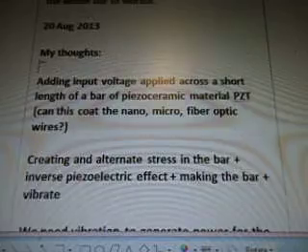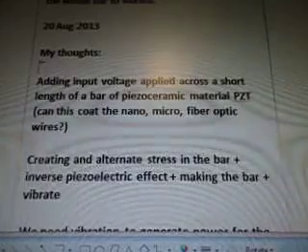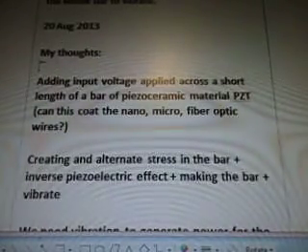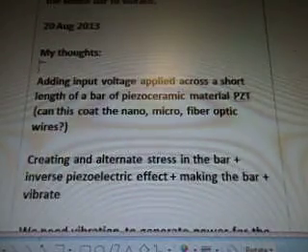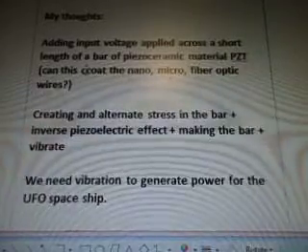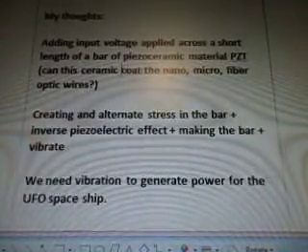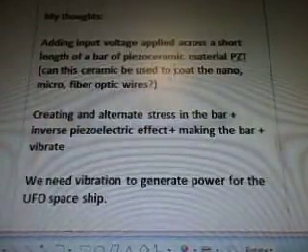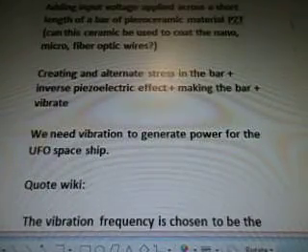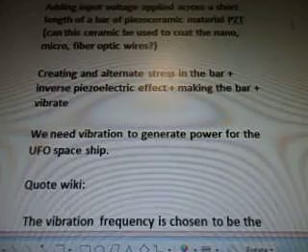Adding input voltage applied across a short length of a bar of piezo ceramic material BCD, can this coat the nano micro fiber optic wires? Can this ceramic be used to coat the wires, creating an alternating stress in the bar, inverses piezoelectric effect, making the bar vibrate?